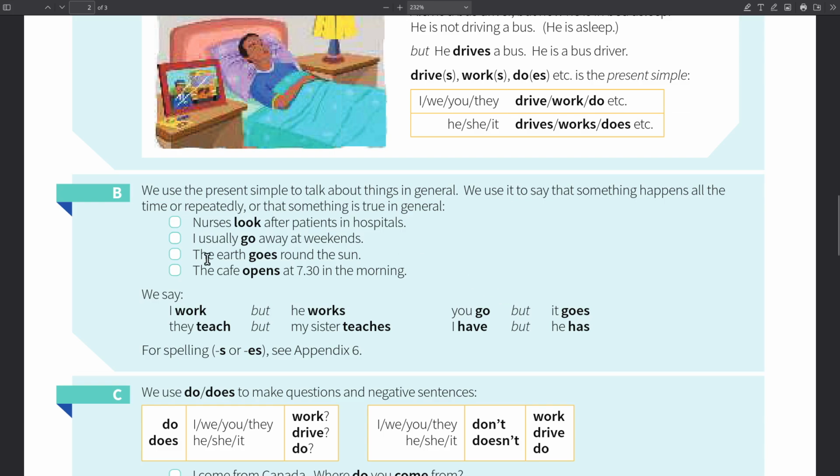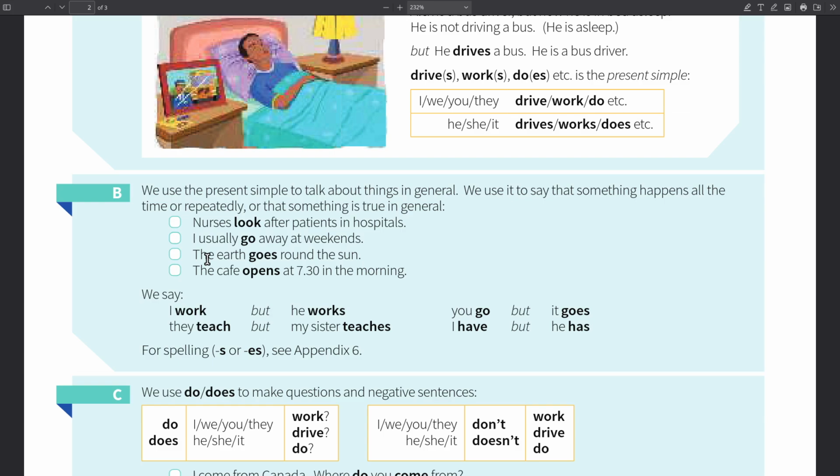Another one. I usually go away at weekends, right? In that case, we are talking about something that happens all the time or repeatedly. In this case, I'm using a frequency adverb like usually.